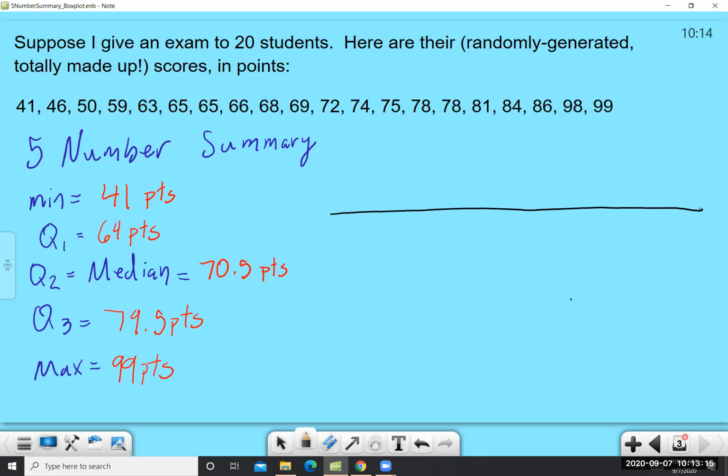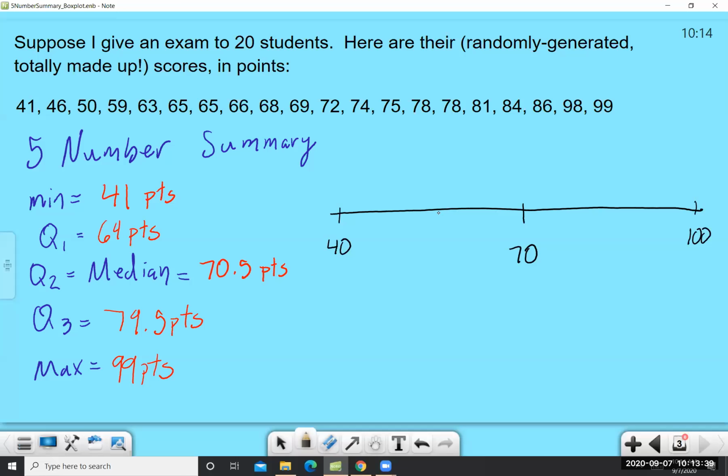My minimum is 41, so I'm going to start at a minimum of 40. And my maximum is 99, so I'm going to take it all the way up to 100. And then I want to go to scale from there. So halfway between 40 and 100 is going to be 70. So 70 is right in the middle.